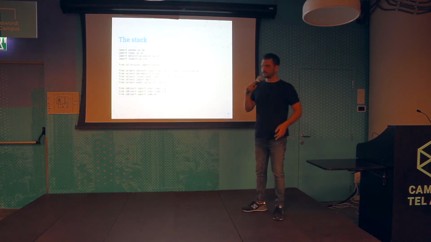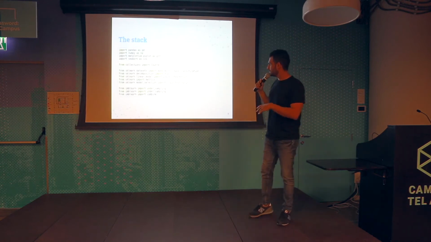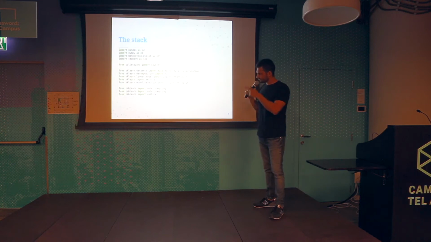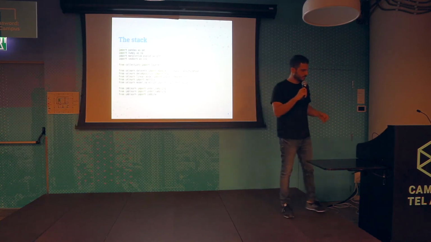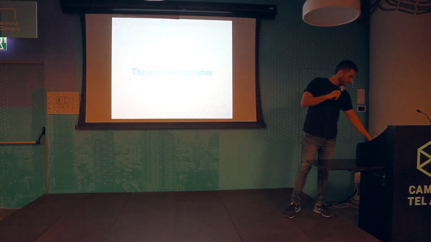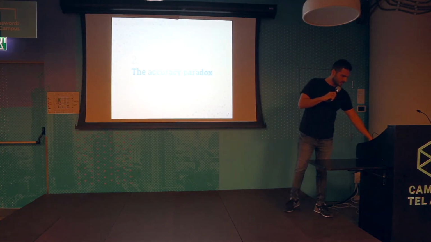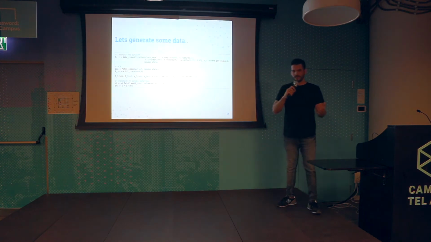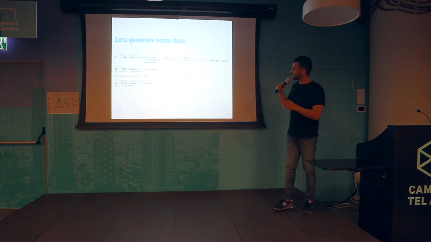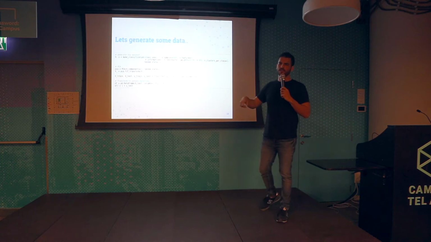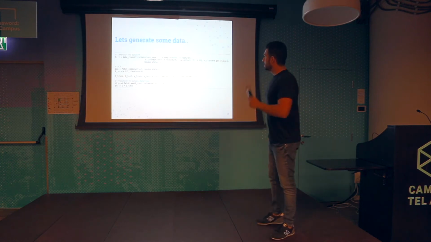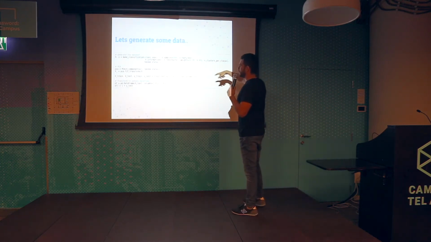We're going to use scikit-learn to generate some data, and it's going to provide us with the model. And we're going to use Imblearn, which is imbalanced-learn, to do the resampling part of the talk. So let's dive right in. What's the accuracy paradox? To make this more concrete, we're going to generate some data, just going line by line.